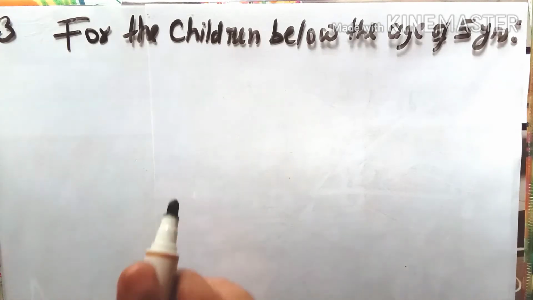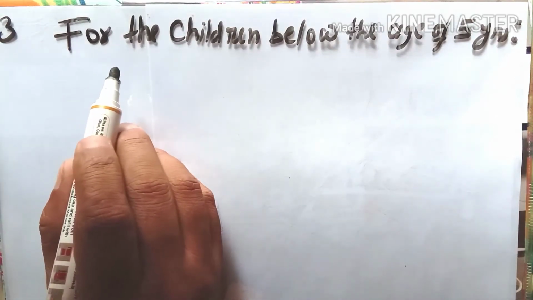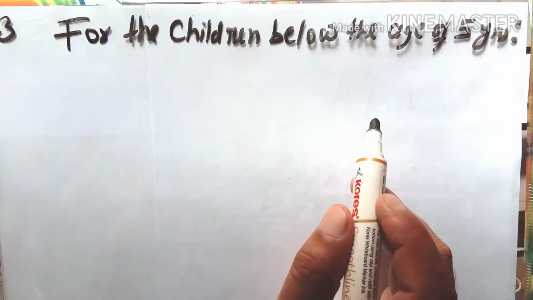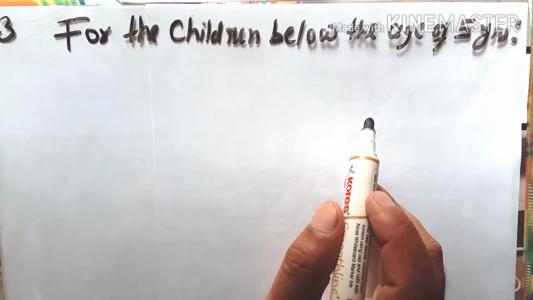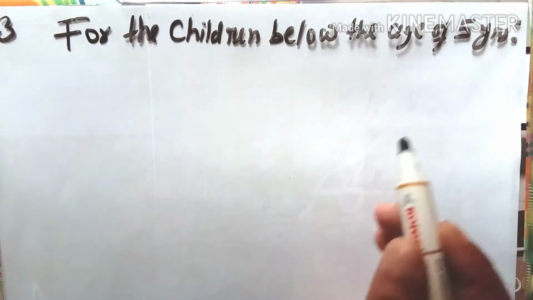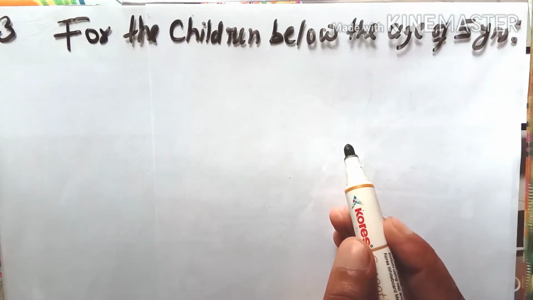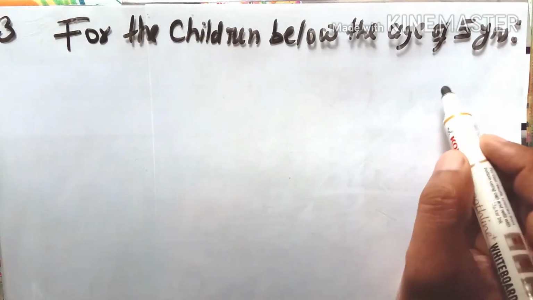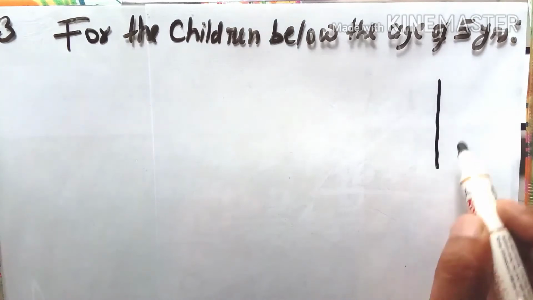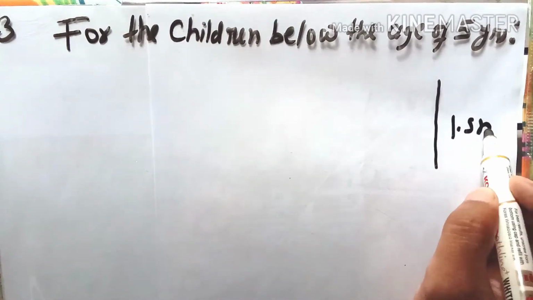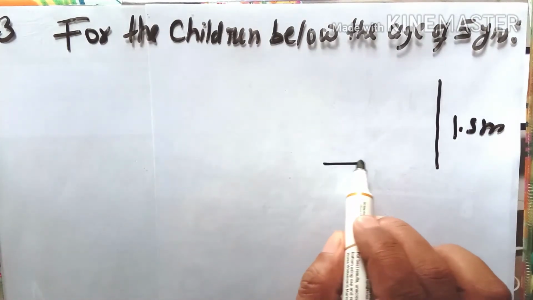So here the first category we take here are children below the age of 5 years. So a contractor wants to install a slide for this group of children, whose top is at a height of 1.5 meter. So here the height is 1.5 meter. So after that we consider this will be a ground.